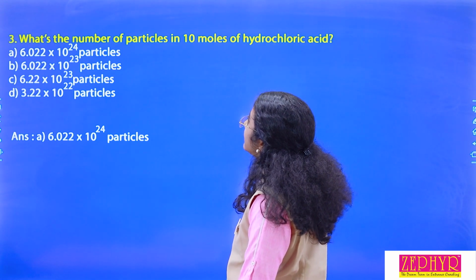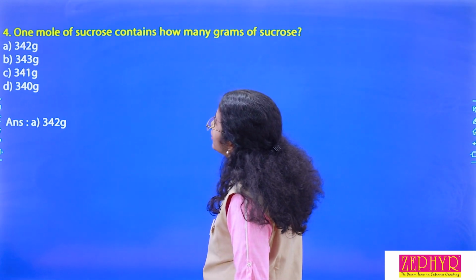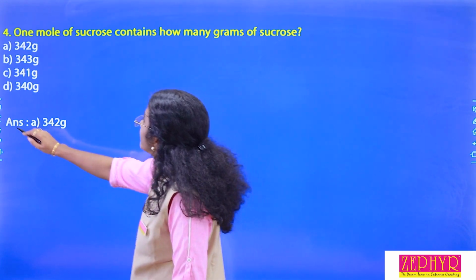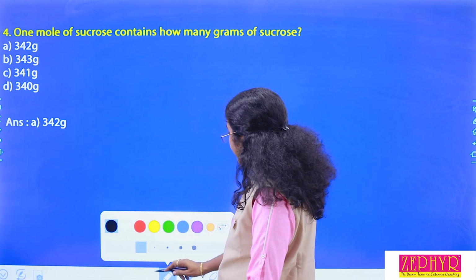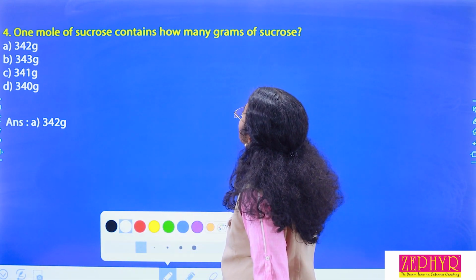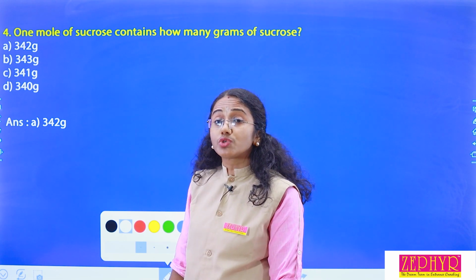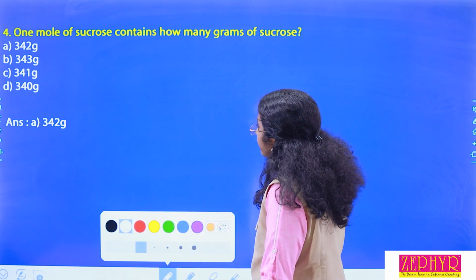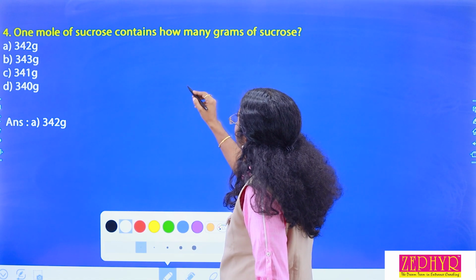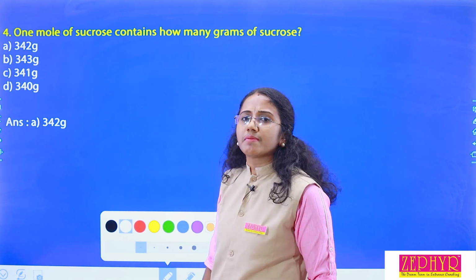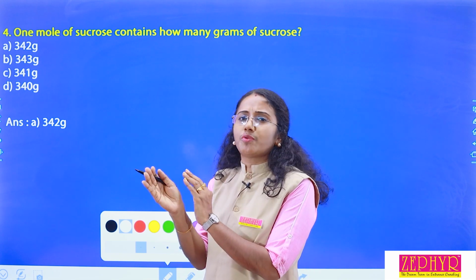Then next, fourth one: 1 mole of sucrose contains how many grams of sucrose? We know that molecular mass or atomic mass in grams is equal to 1 mole.